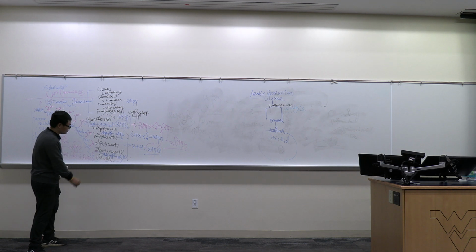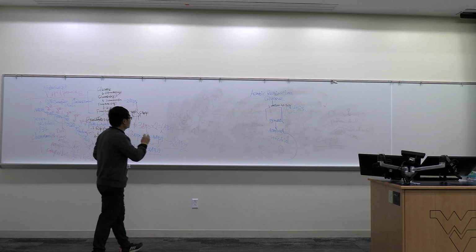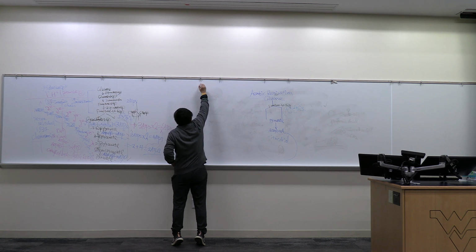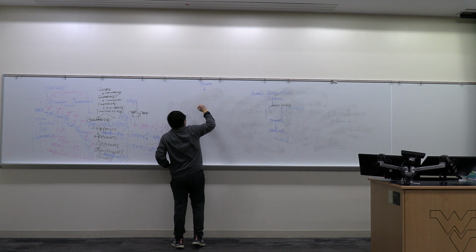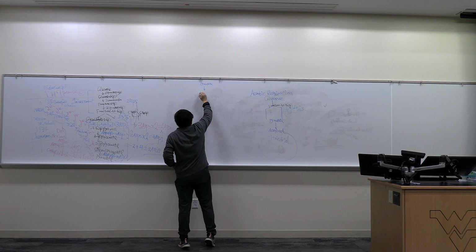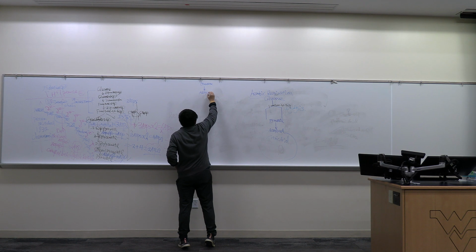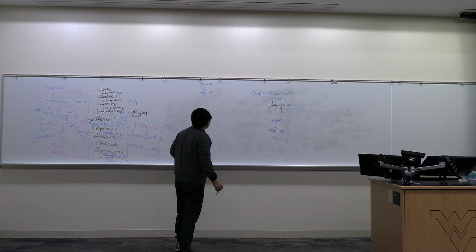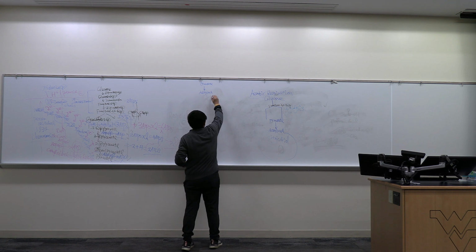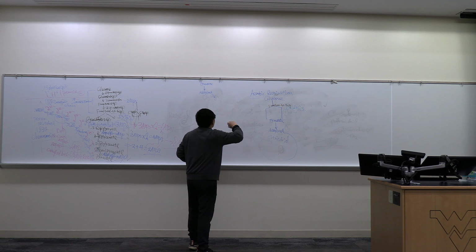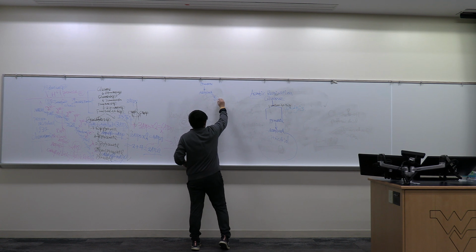We have pyruvate. What are we going to do with pyruvate? Pyruvate goes through a transition step to become acetyl-CoA. Then we go through this cycle. Acetyl-CoA first becomes citric acid. Citric acid, through isomerization, becomes isocitric acid.